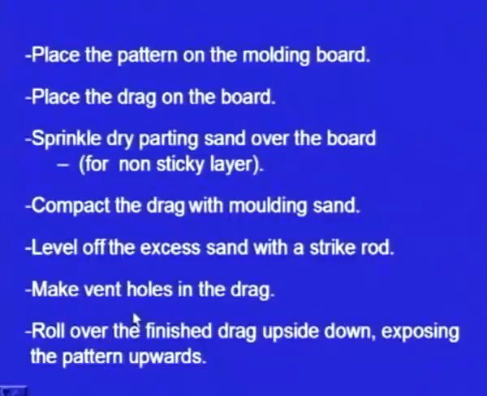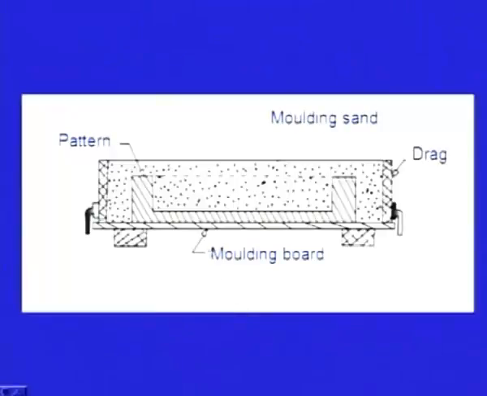So that is the purpose of making the vent holes. Now after making the vent holes, roll over the drag upside down. Now here the pattern is at the bottom position. You make it upside down so that the pattern comes up and this upper portion comes down. With that, the molding of the drag box is complete.